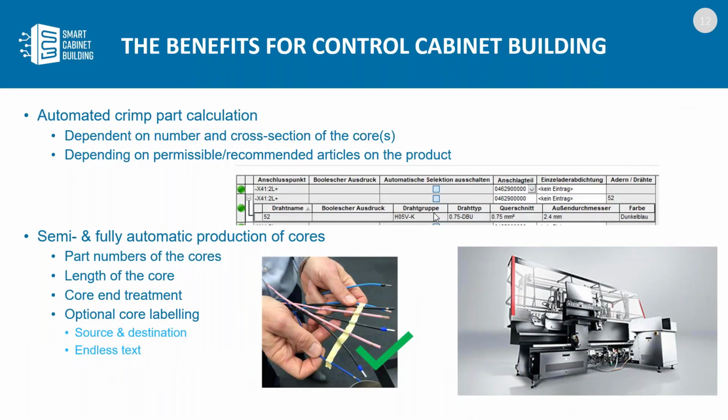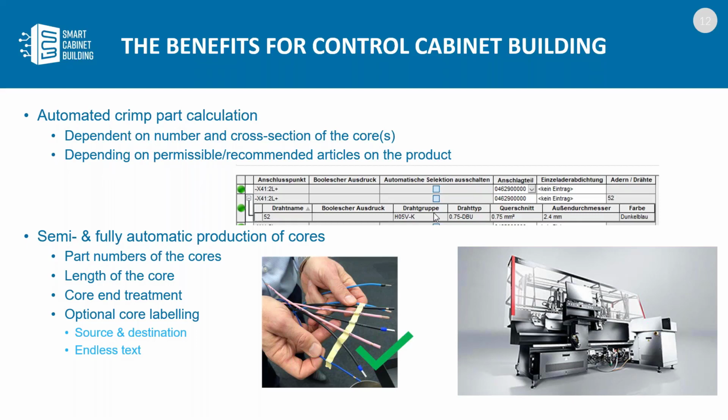In the case of production of wires, there is the possibility to define these crimp parts, and you can let E3 do this automatically.